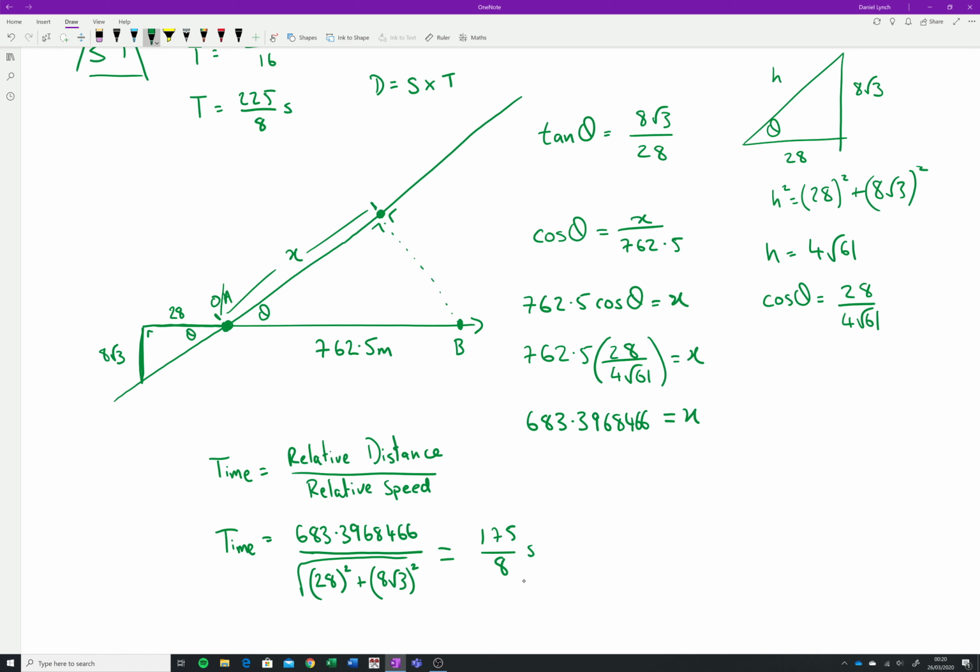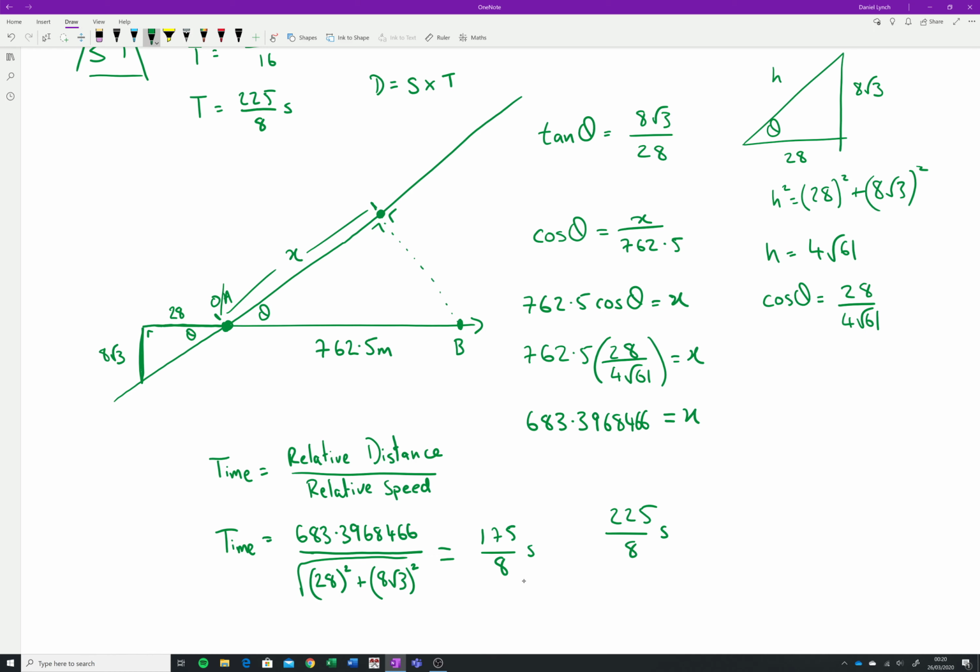Now, if you think about it, from our initial time point, we let A roll on so that it was in line with B, and that took 225 over 8 seconds. And what we've just found out is that the closest approach happened 175 over 8 seconds before that.